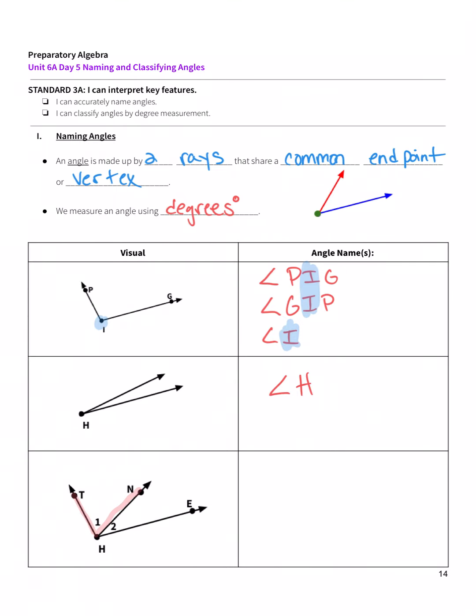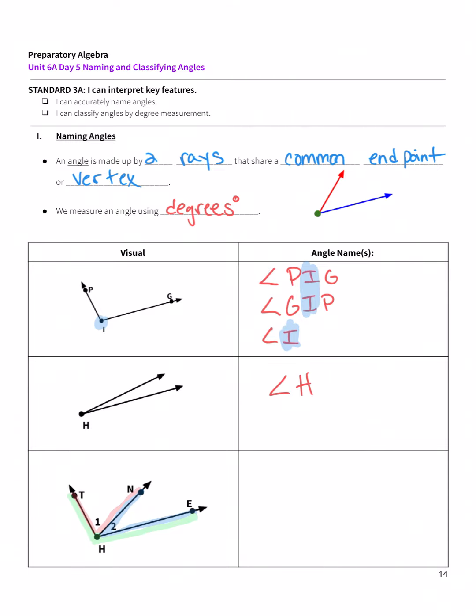These two rays share this common endpoint of H. These two rays share the common endpoint of H. And there's one more. If we look at ray TH and ray HE, that is also an angle because they share this common endpoint of H.